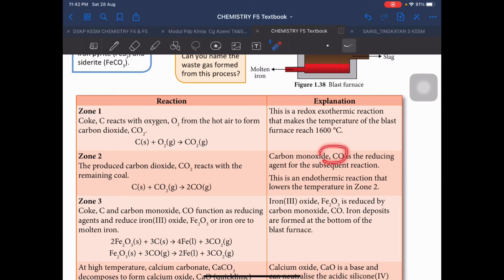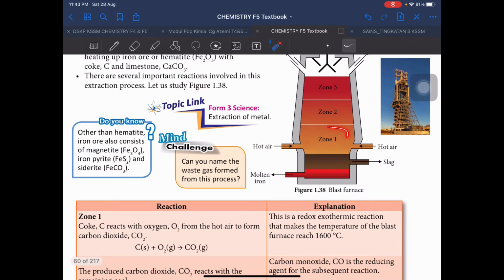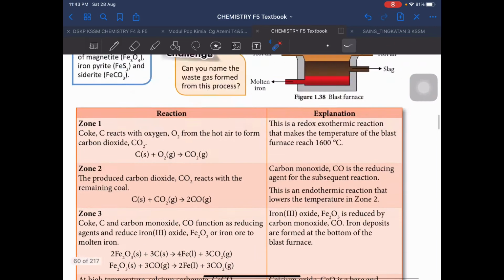So, carbon monoxide is the reducing agent for the subsequent reaction. Ini adalah agen penurunan lah sebab dia mengalami pengoksidaan. This is an endothermic reaction that lowers the temperature in zone 2. So zone 1 exothermic, panas lah because ada hot air. Zone 2 endothermic, untuk turunkan sikit, tidak mau 1600, nanti mahal bayaran bill, begitulah.